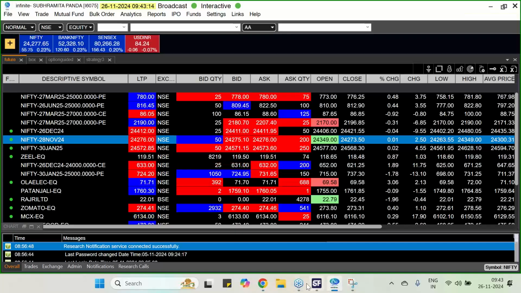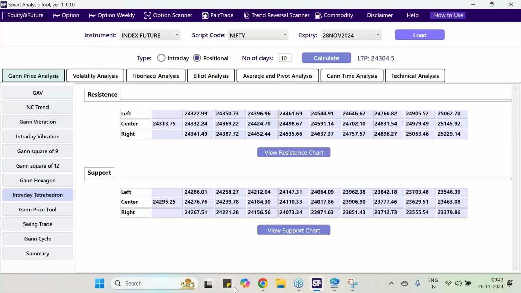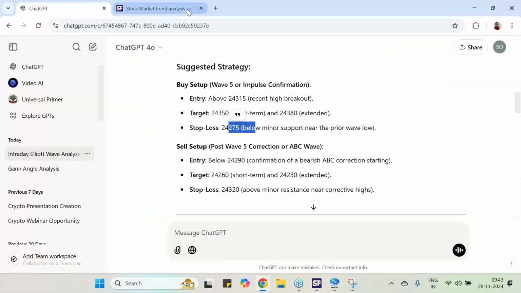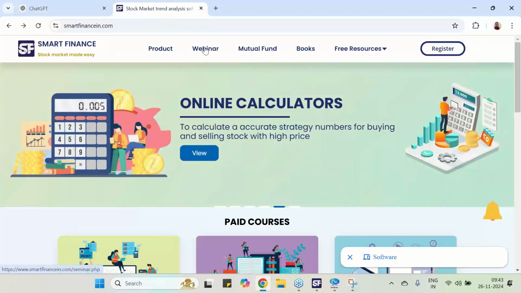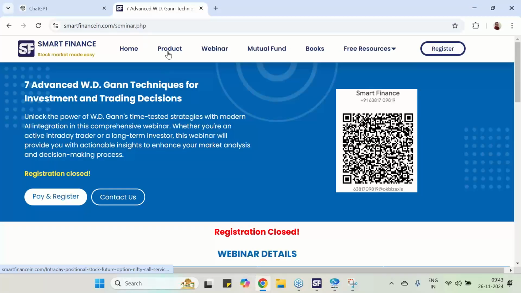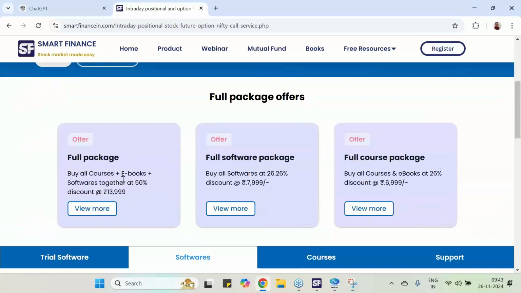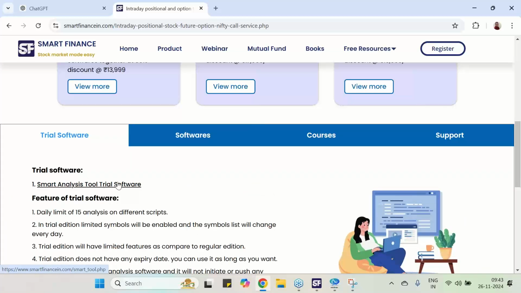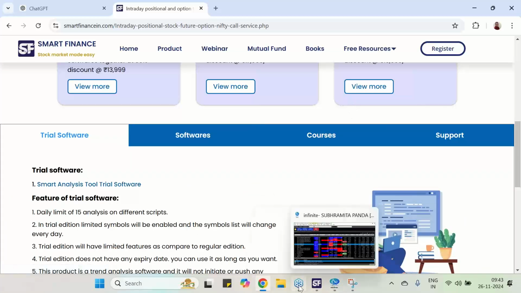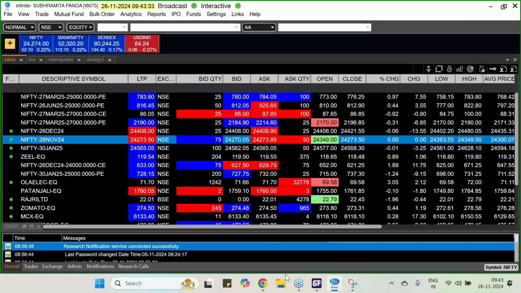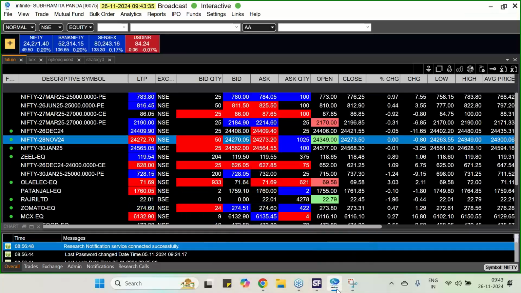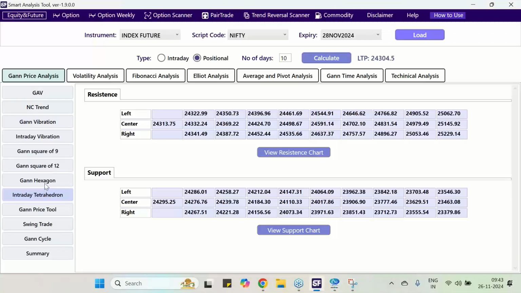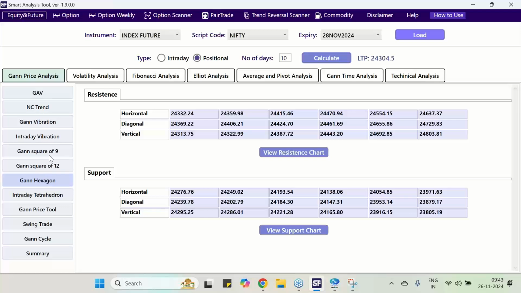If you do not have the software, just download the trial and use it. But I'm not sure whether tetrahedron and other things are there in the trial or not. So go to the site, the trial edition is here. Download the trial editions and use it. Some new additions are not there. I think hexagon will be there, square of 9 will be there.